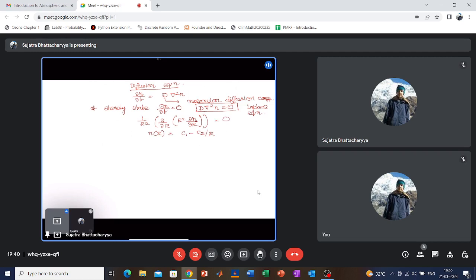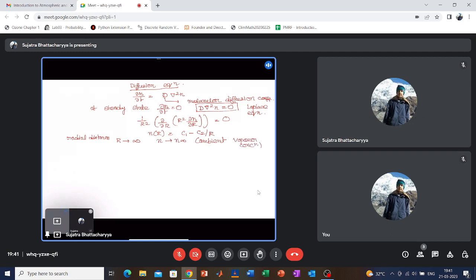Now some conditions. Of course, without the conditions we cannot get anything. If r, the radial distance, is tending to infinity, then n will tend to n of infinity, that is the ambient vapor concentration.